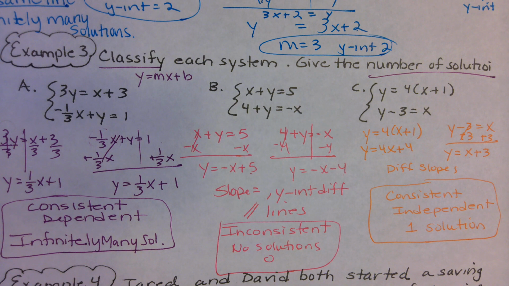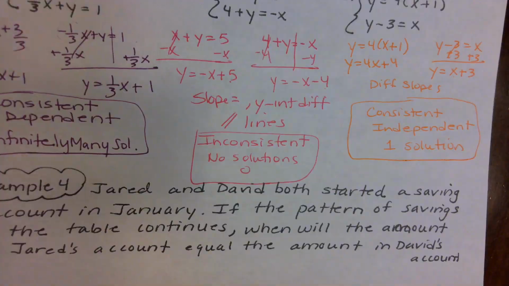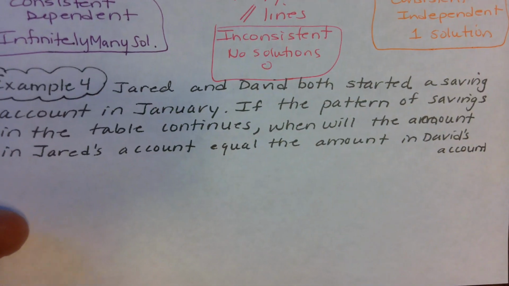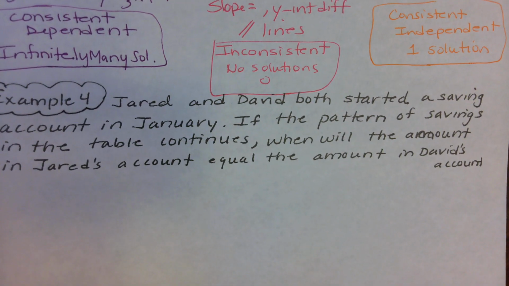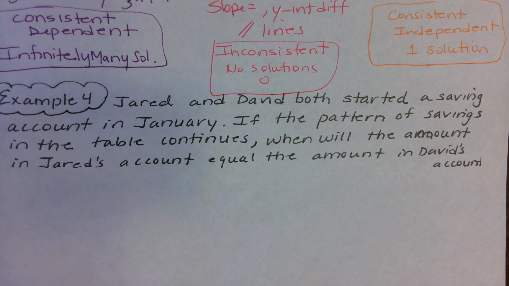All right, good. So lastly, we have example 4, and there's a table somewhere in the book, I think, but I just will write it down here because I copied it down. I don't have the book here. Jared and David both start a savings account in January. If the pattern of savings in the table continues, when will the amount in Jared's account equal the amount in David's account?